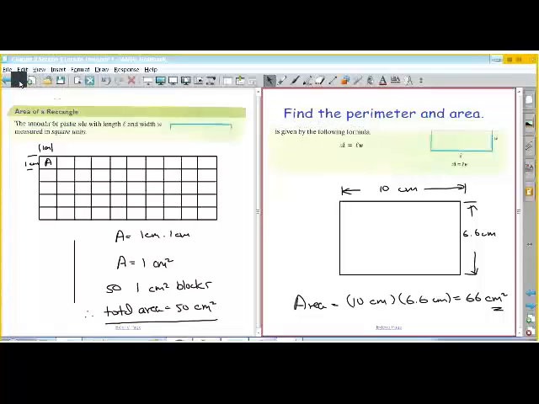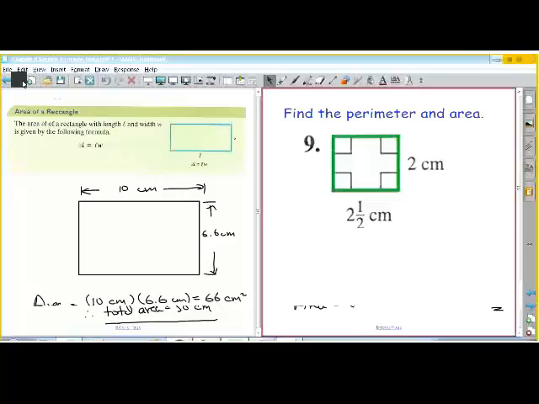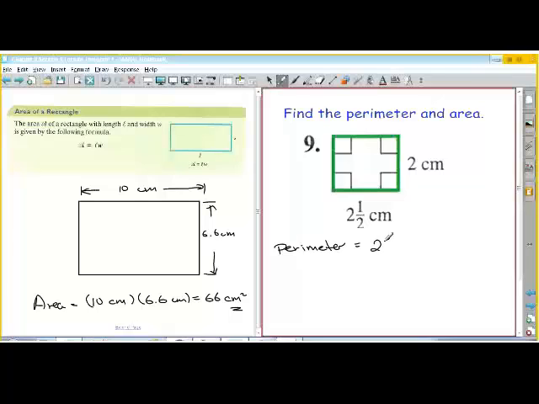Okay, so that's for a rectangle. So you've got some really easy problems here in the book. Find the perimeter and the area of this rectangle. So the perimeter is just equal to 2 times the length, and make sure we include units.